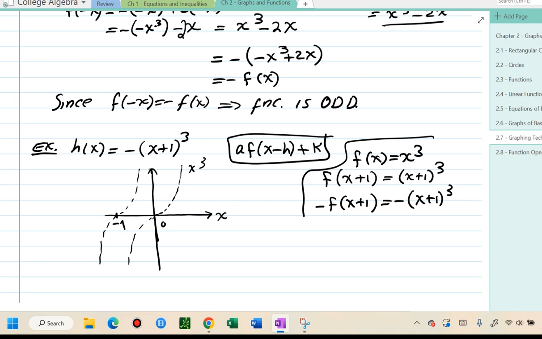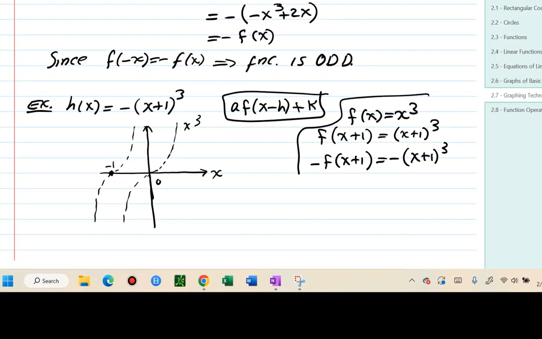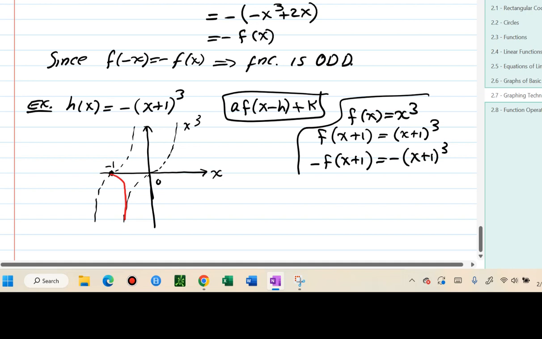And then a negative will reflect it, doesn't it? This is negative 1. There. Now we have a reflection of this graph. What do we reflect it about? We're going to reflect it about the x-axis, correct? So when we reflect it about the x-axis, that would be this part, and this would be the other part of it.